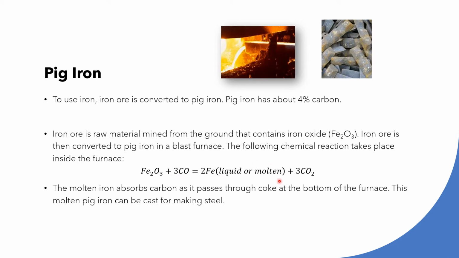So this is a chemical reaction that happens in the furnace. You have your iron ore raw material, and we're going to blast it in the furnace. That's carbon monoxide, which usually comes from your flame.